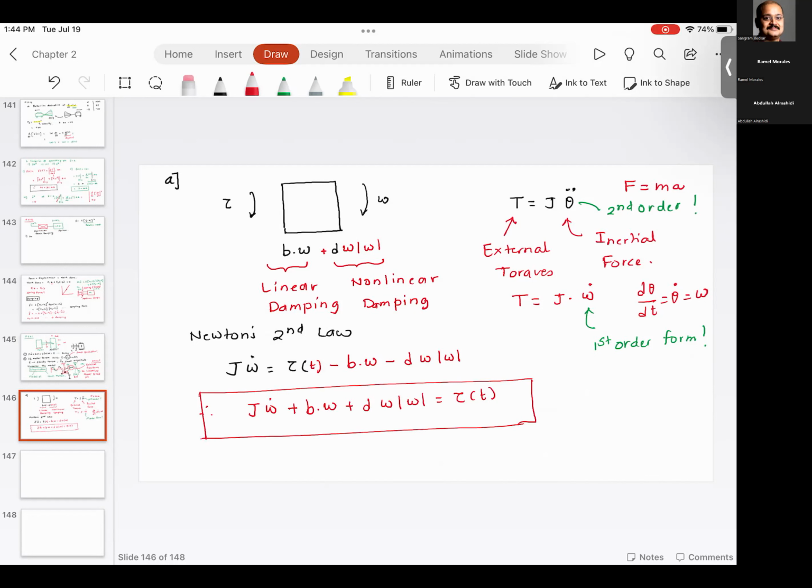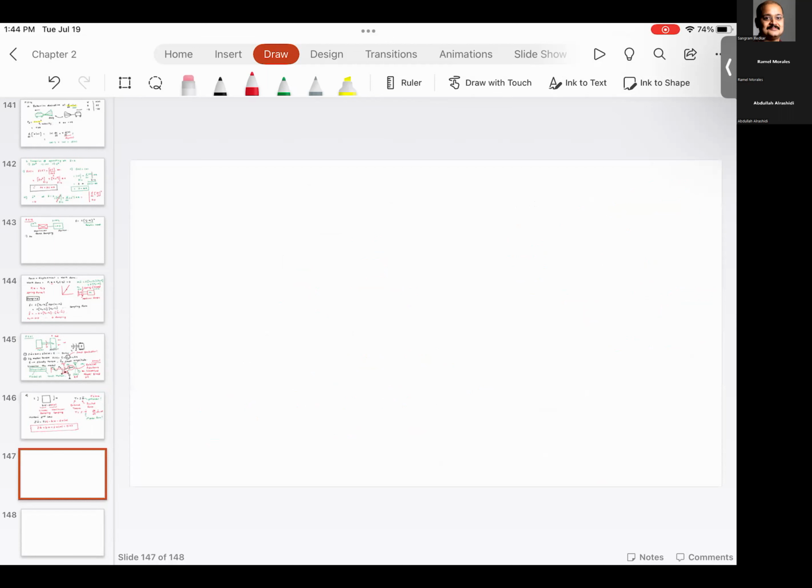Now what we need to do is perform the steady state analysis. So what happens at steady state?